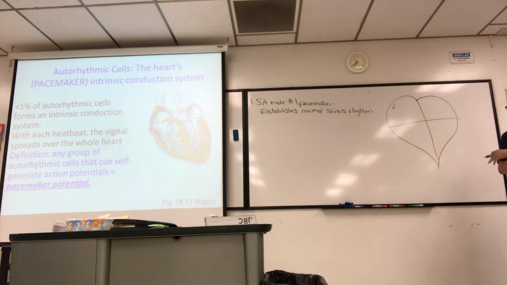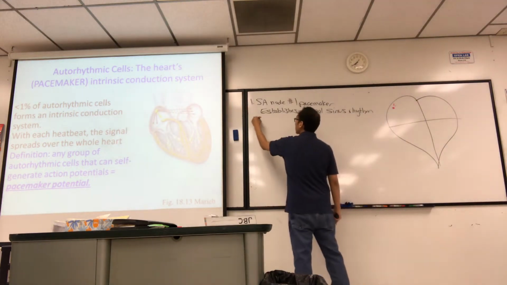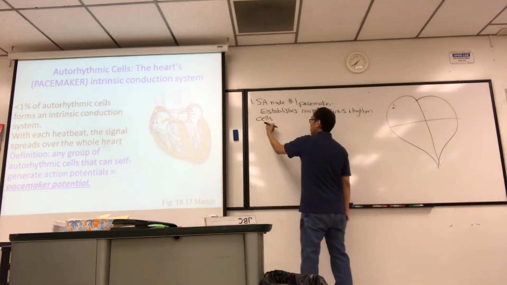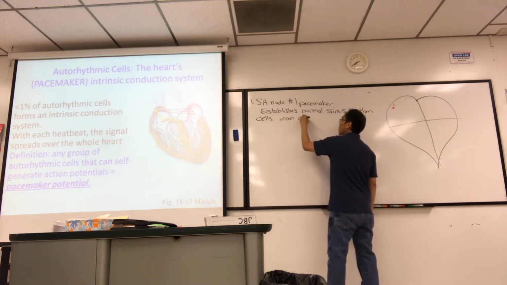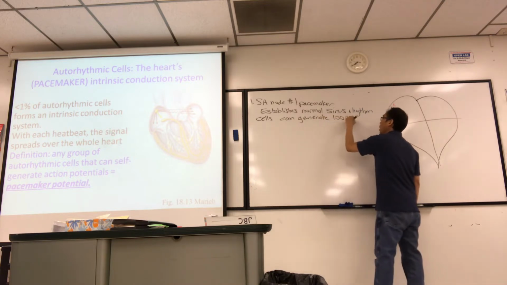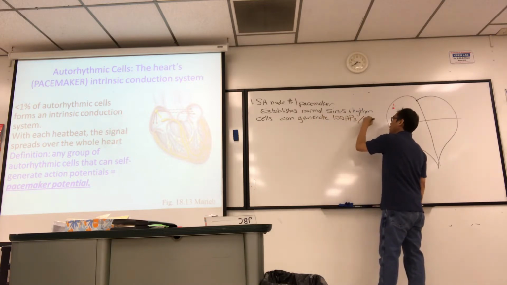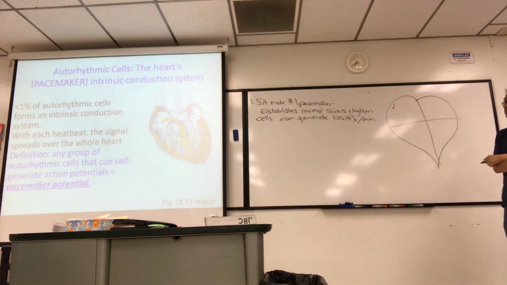Now, if you looked at the cells within this node, they could self-generate action potentials at a rate of 100 per minute. So the autorhythmic cells in this SA node, AP is action potential.